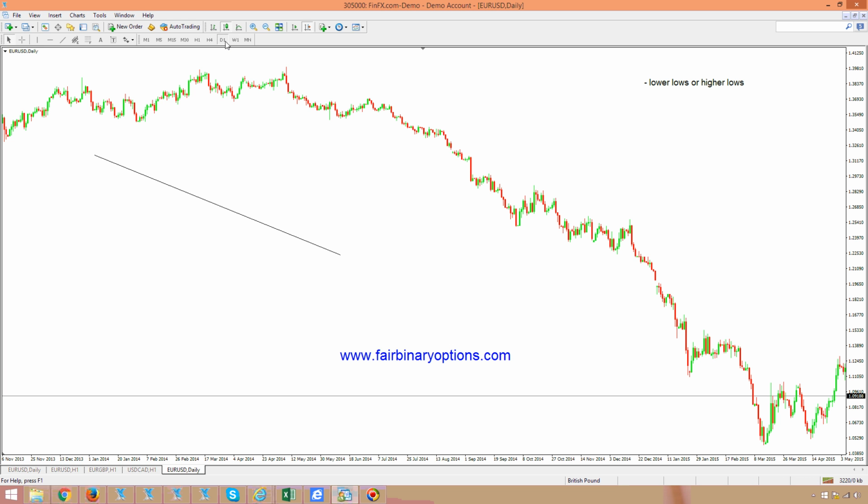This is a Euro-US dollar on the daily chart. Any examples that we will use here on how to actually draw a trend line will come with a set of rules that can be applied on each and any currency pair, and on each and any time frame.